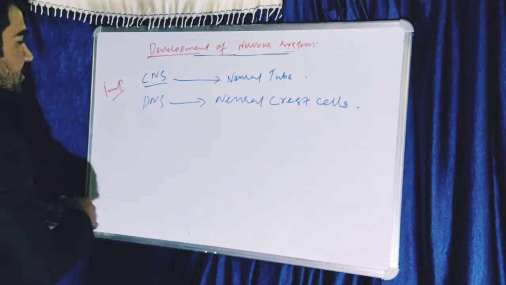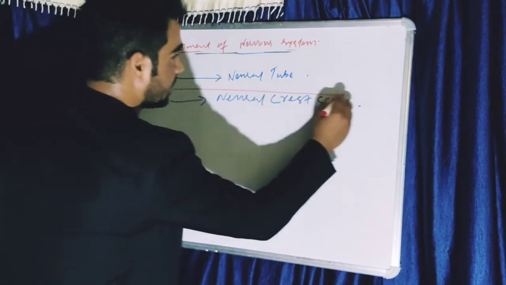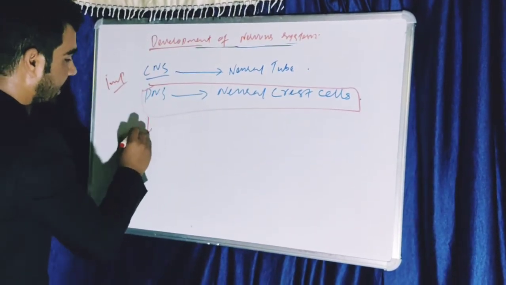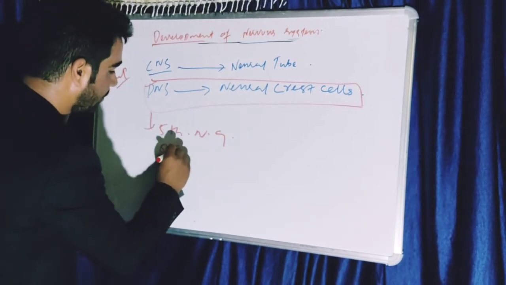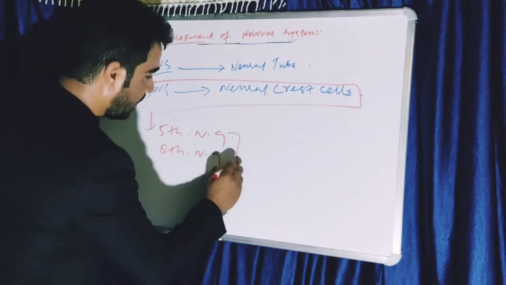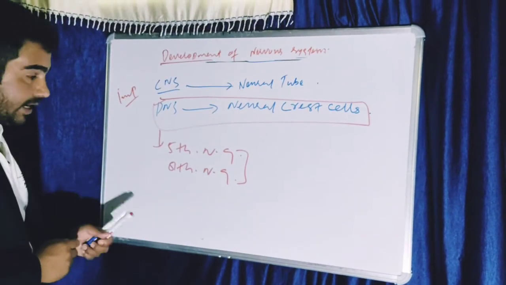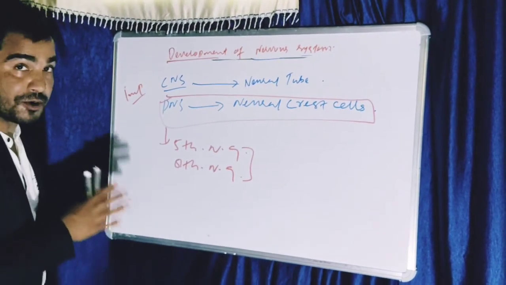But there is some exception about peripheral nervous system. There is ganglion, 5th neuroganglion and 8th neuroganglion. I am talking about ganglion, not about nerve.